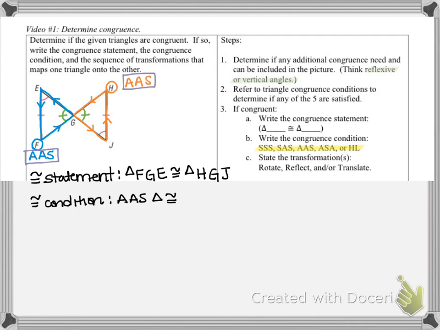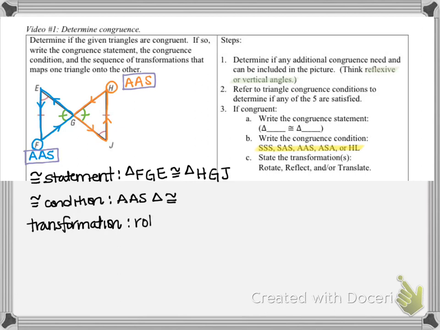Now, my transformation, this is in general. Now, if this was on a coordinate plane, I would expect more details from you guys. However, at this point, I just want to know what I have to do to try to get one of the triangles onto the other one. And I'm pretty sure that if I rotate either the blue or the orange triangle around point G, I can get the two triangles to land on top of each other.